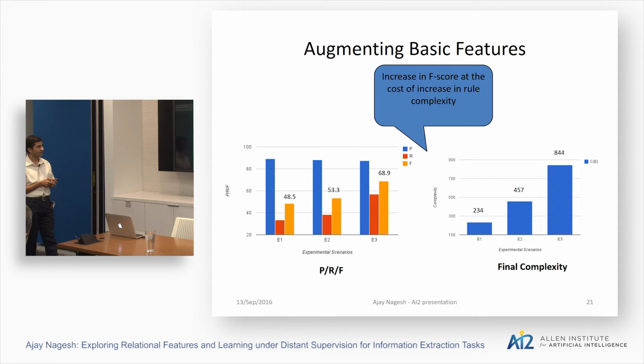It is the same story with adding the domain customized set of features. We have the best score among our 3 scenarios, and it also has double the complexity of the final extractor.